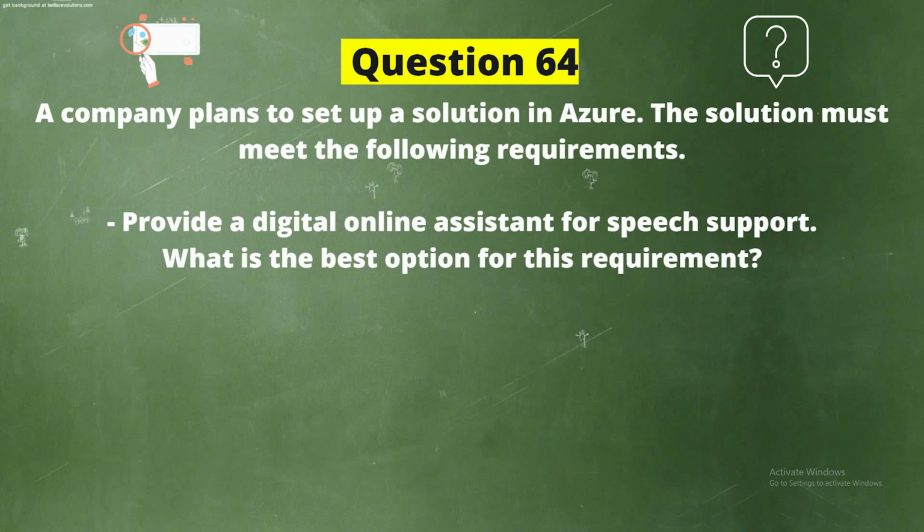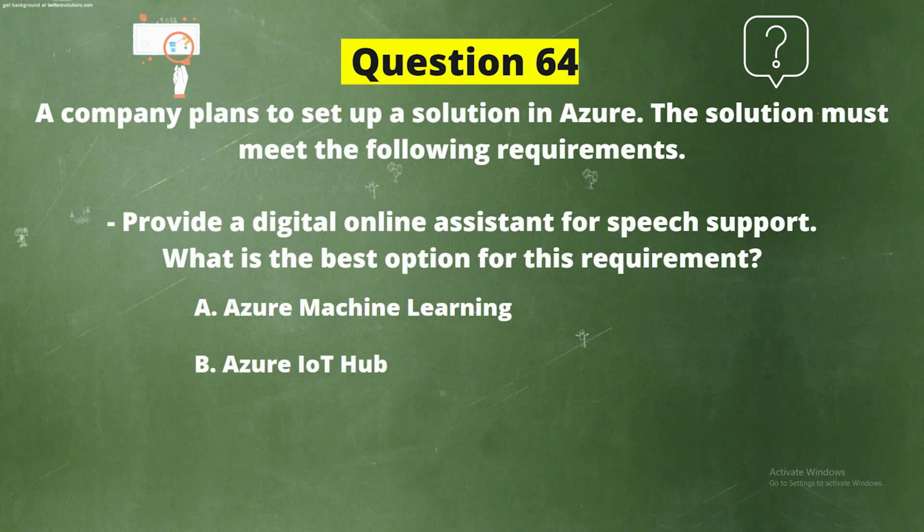Question 64. A company plans to set up a solution in Azure. The solution must meet the following requirements. Provide a digital online assistant for speech support. What is the best option for this requirement? Now the options are Option A, Azure Machine Learning. Option B, Azure IoT Hub. Option C, Azure Bot Service.